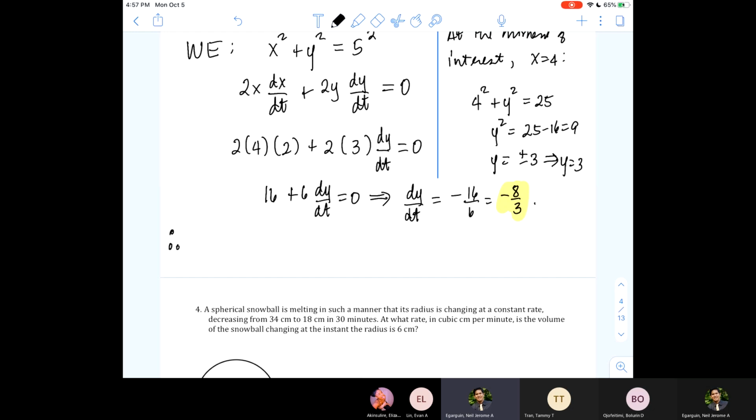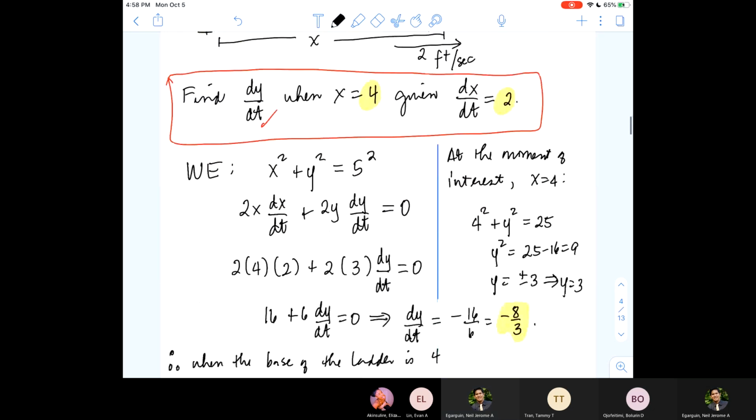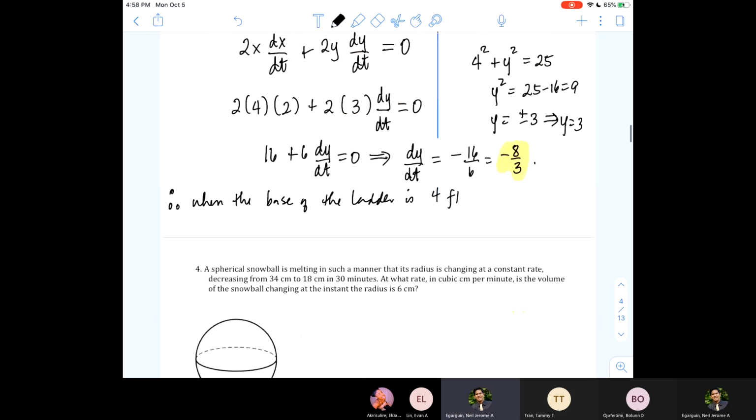So you can say that at the moment when the base of the ladder is 4, what is the unit of measure? Feet. It's 4 feet away from the wall.